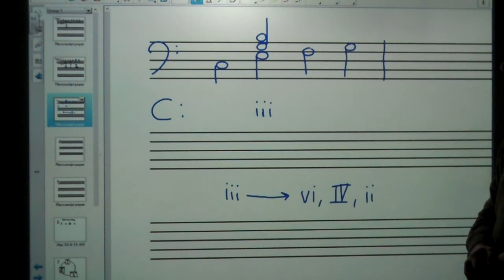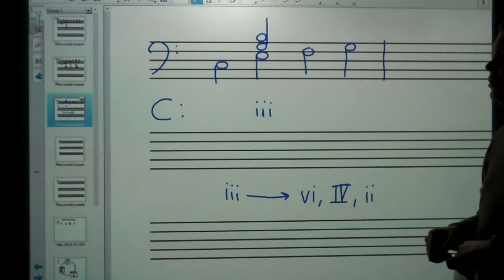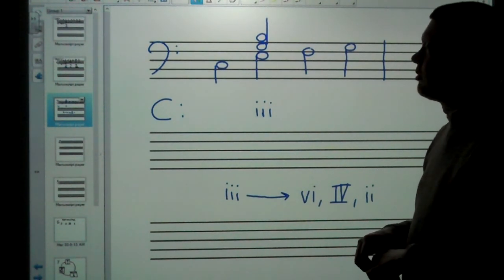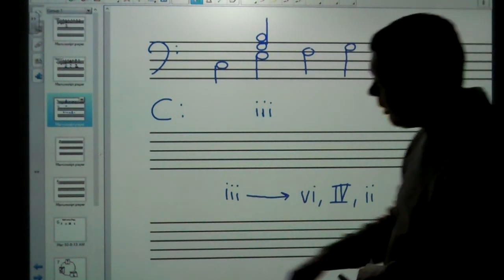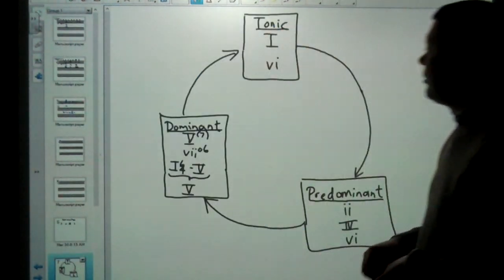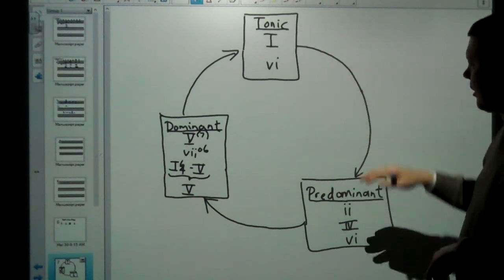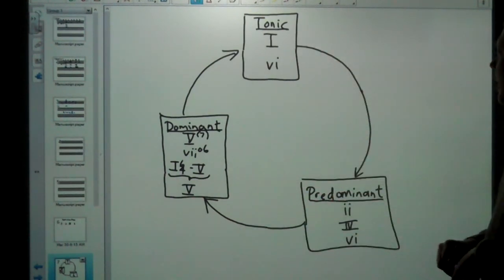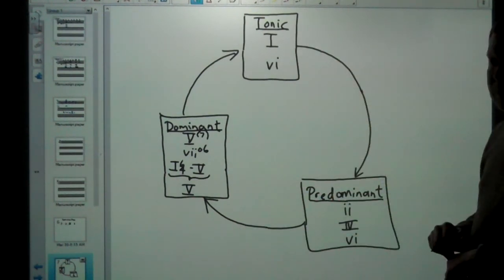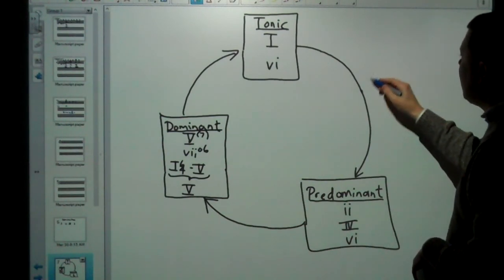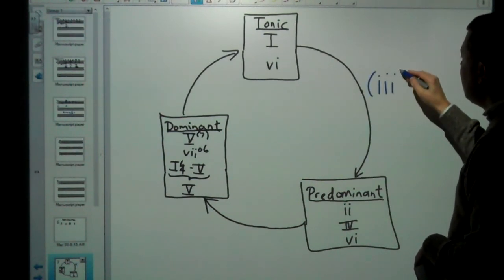So if you wanted to look at it in terms of its use and function in our circle tonal function chart, I have reproduced a little bit of that chart right here with the 3 main functions, tonic, predominant, and dominant. And where on this circle would I place the 3 chord? Well, I would place it here in parentheses.